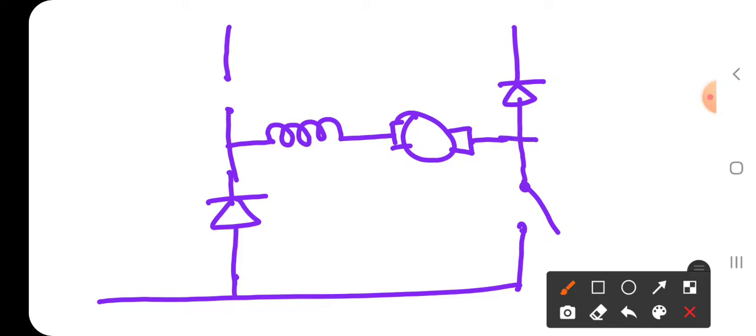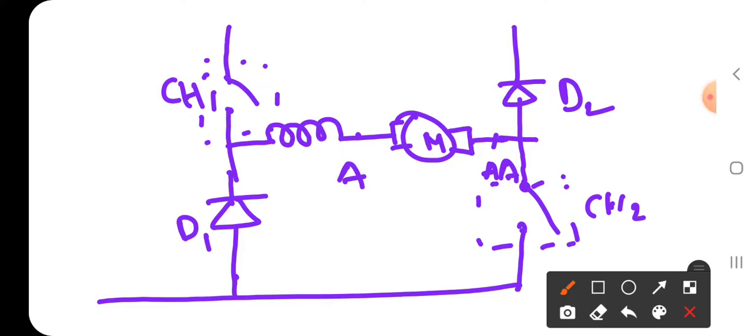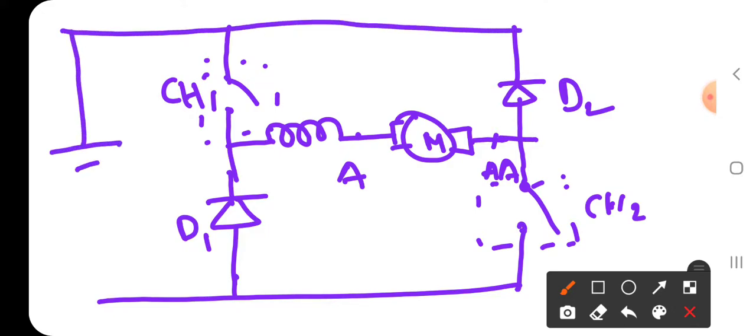These are the motor armature terminals, A and AA, and four switches are there: CH1 and D1, and CH2 and D2. The supply voltage given is DC, that is Vs only.